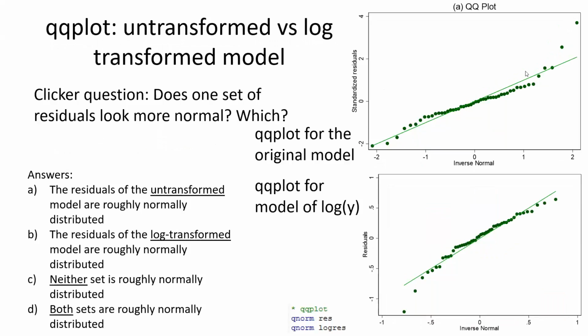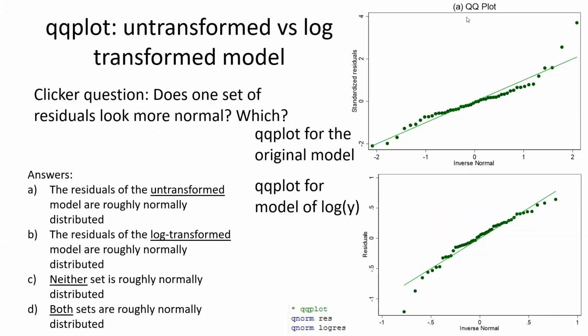Good. So now a question for you. If the assumption of normality is not met, then one choice that we have is to transform the y variable, refit the model, and you get new residuals, and then try again. Is it better?